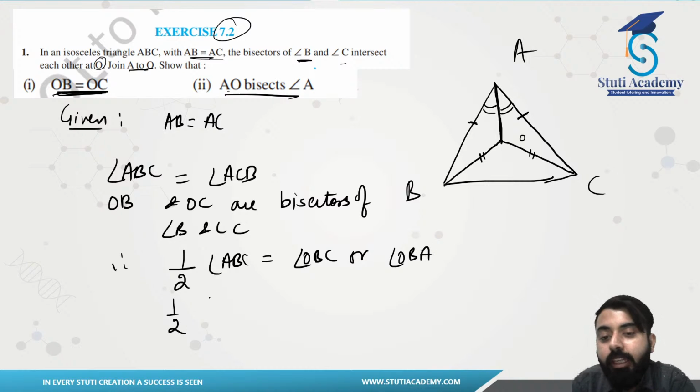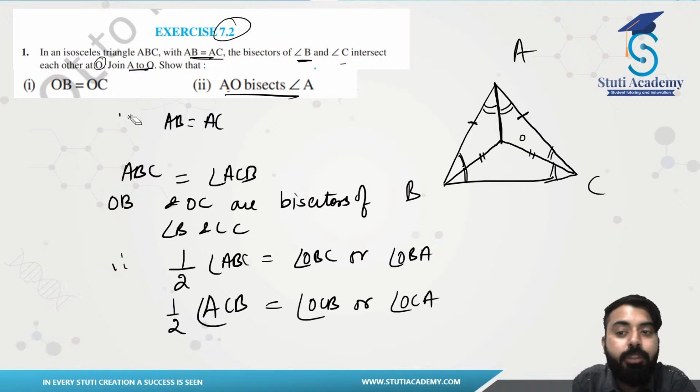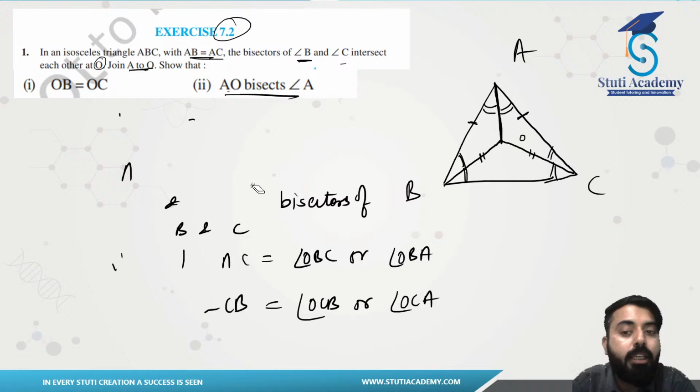Similarly, half of angle ACB, that will be what? That will be angle OCB, or you can say it will be angle OCA, right? So this portion is already equal to that one, this portion is already equal to that one. Now we just have to prove that OB is equal to OC. So for that we are going to do what? We are going to take these two triangles right here, triangle ABO and triangle ACO.